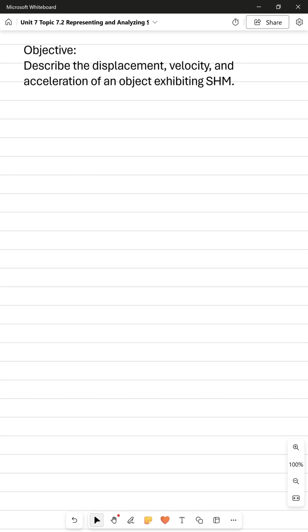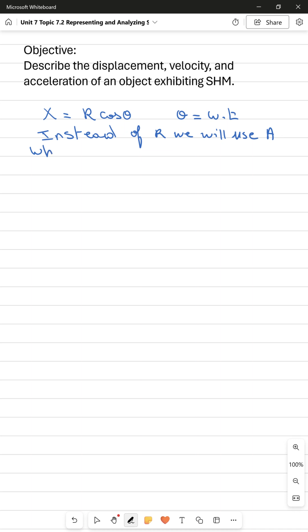So to start with, if you remember, we said before that x is equal to r cosine theta and theta is equal to omega t. Just as a matter of notation, instead of r, we are going to use a, which is the amplitude.